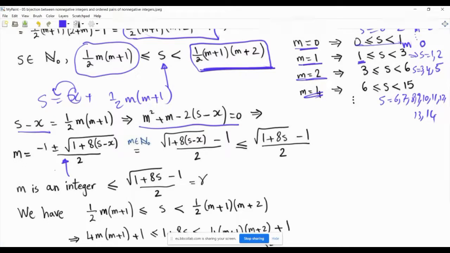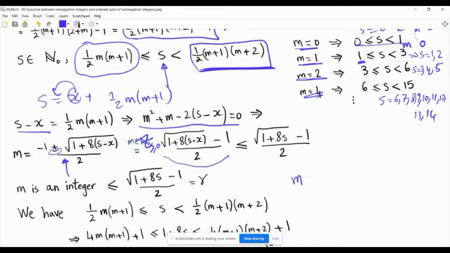And basically, we are talking about non-negative integers. So we will reject the minus sign. We will not take in the negative solution. We just have the non-negative solution.